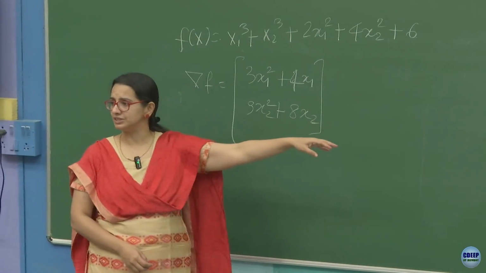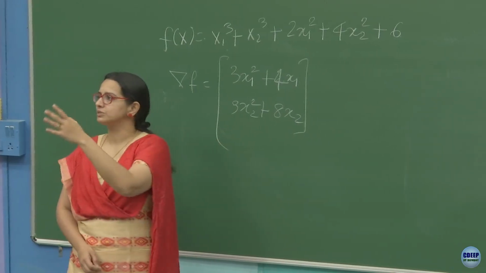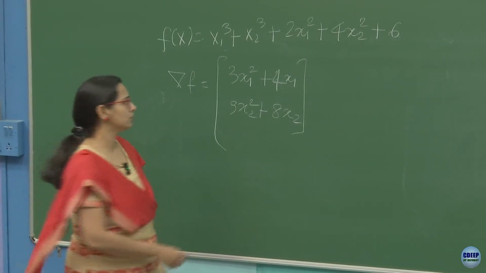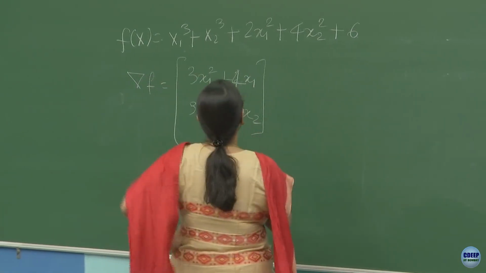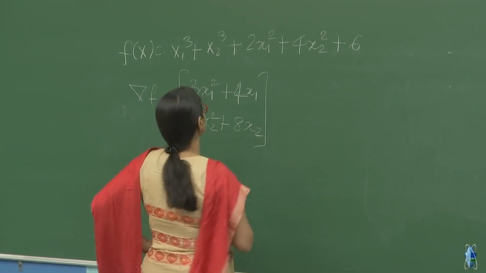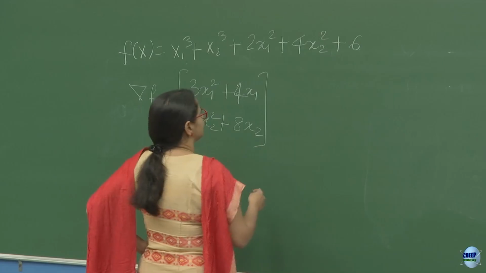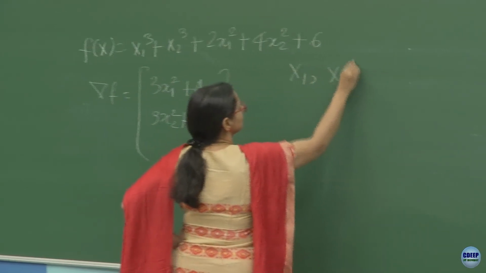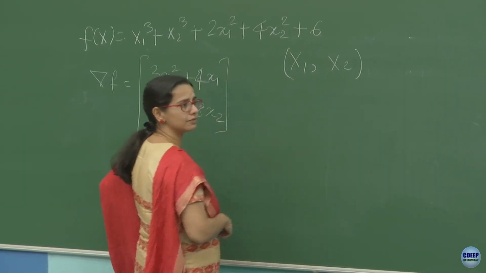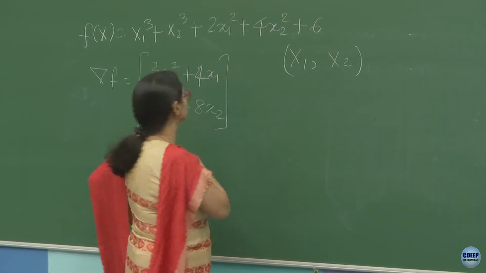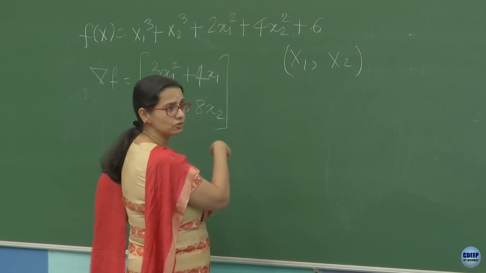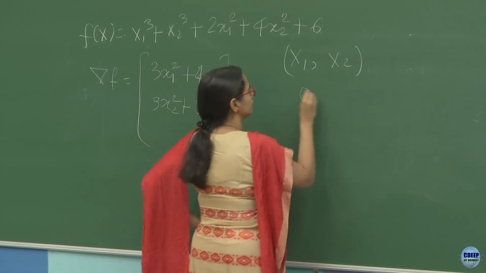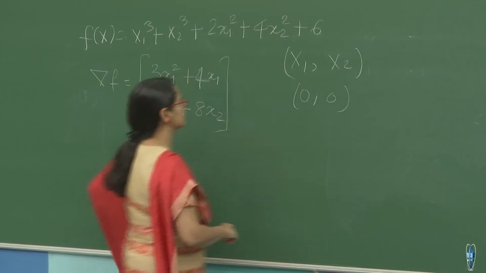We want to set this to 0 and then you're going to get a possible set of x1s and x2s. So you set this equal to 0. What do you get? What possible combinations of x1, x2 do you have? Clearly 0, 0 is one point. What else?